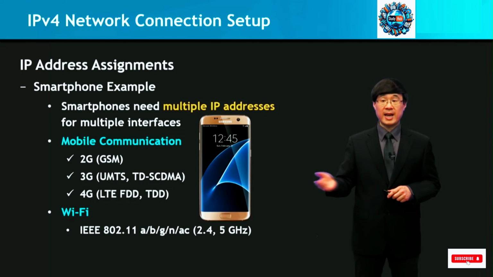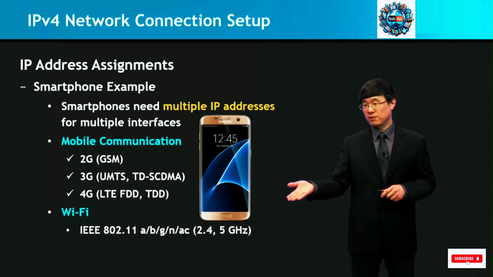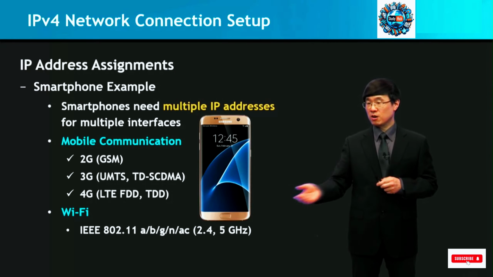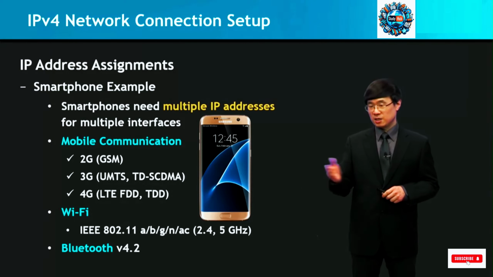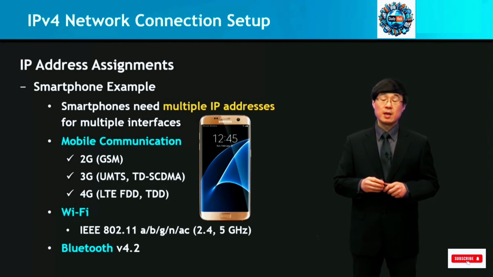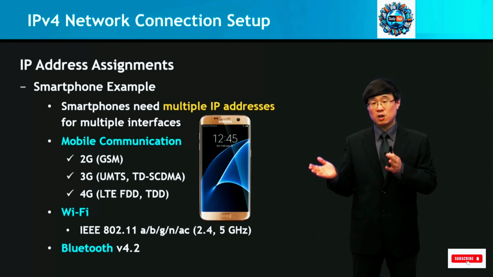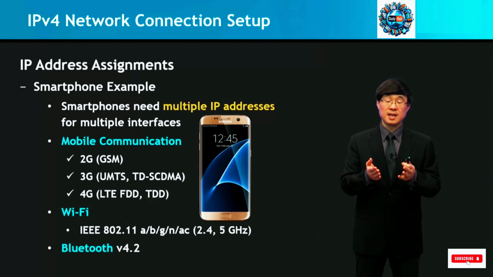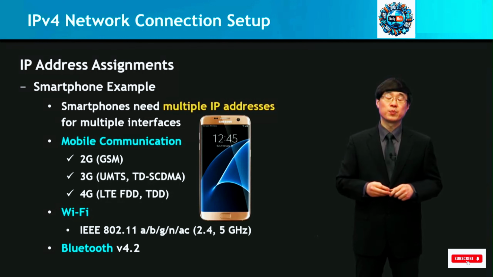For Wi-Fi, it has the IEEE 802.11 a, b, g, n, and ac modes, which support the 2.4 and 5 gigahertz frequency ranges. For Bluetooth, 4.2 is also on this mobile device. Each of the interfaces needs a separate IP address, and that's why a single device can consume a lot of IP addresses in order to support all of its connectivity.